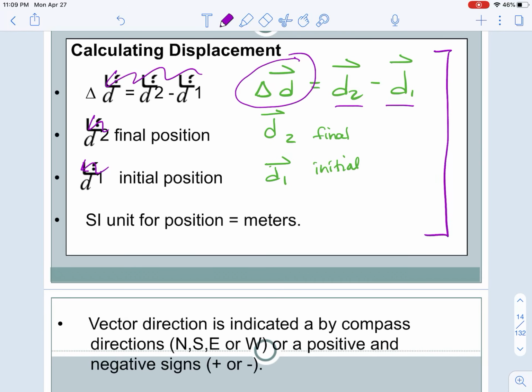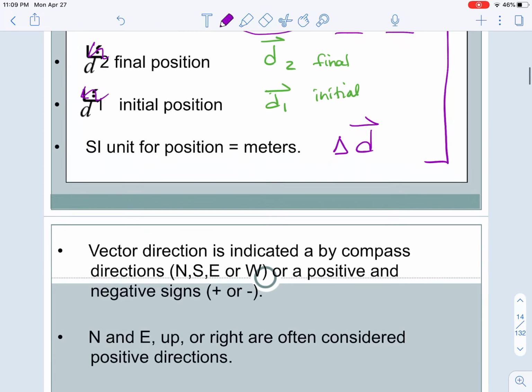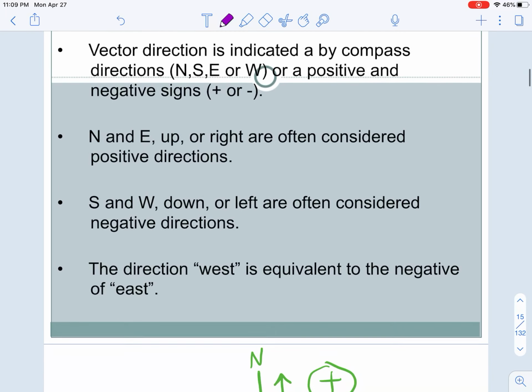So when you subtract those, you will get a change in displacement. That little triangle means change. So the change of displacement with the symbol on top means it's a vector quantity looking at final minus initial position.